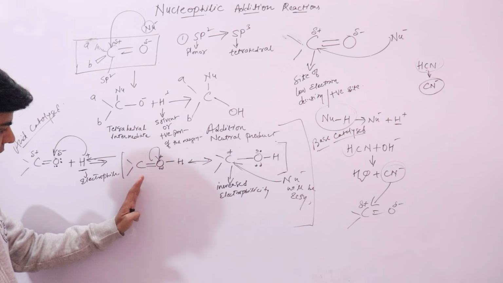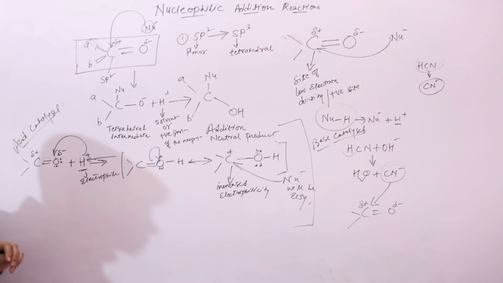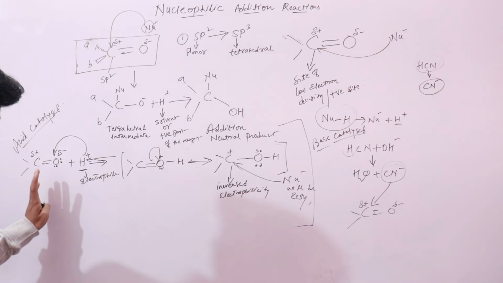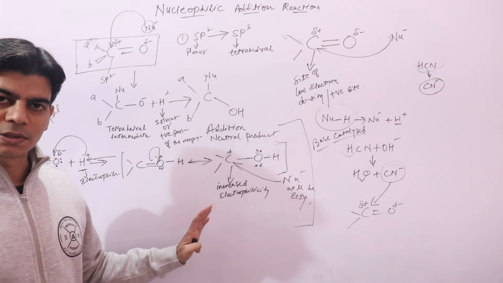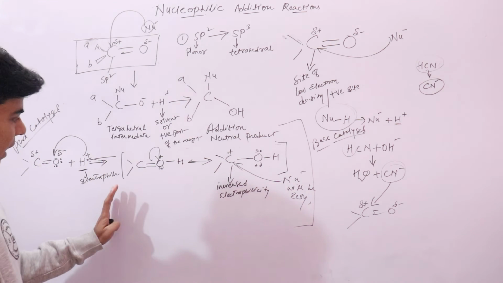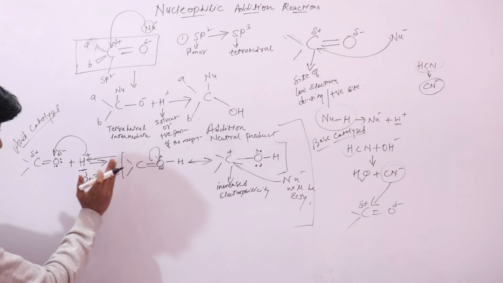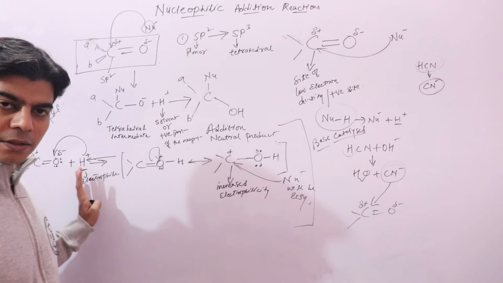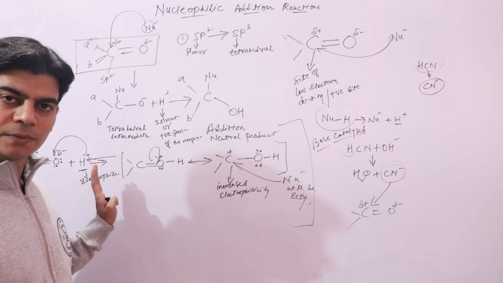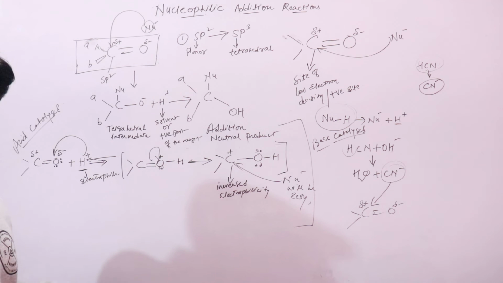It favors more the backward reaction, where you have your reactants, right? And if you look at the forward direction, the electrophilic addition is occurring in the forward direction, but this reaction is more occurring in the backward direction. The rate of backward reaction is high in this reaction, right? That is why we don't call it an electrophilic addition, we call it a nucleophilic addition.